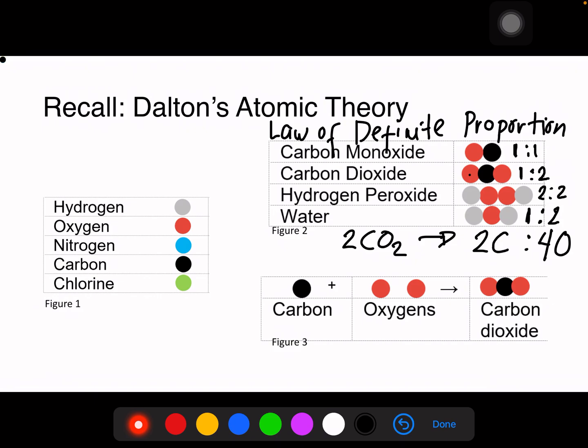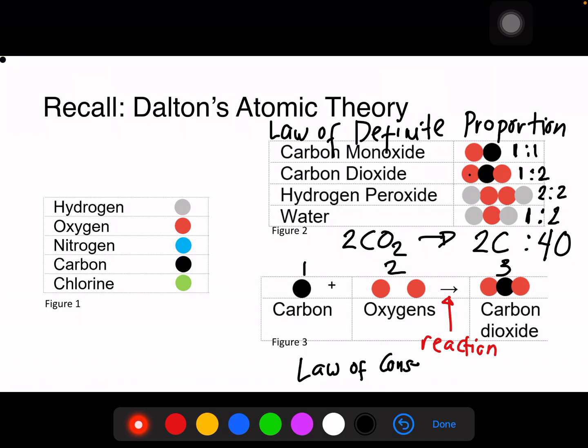Next one, we have this carbon, 1 carbon, and there are 2 oxygen. So during a reaction, this arrow represents the proceeding of a reaction. We will be having 3 total spheres. So this one is the law of conservation of mass.